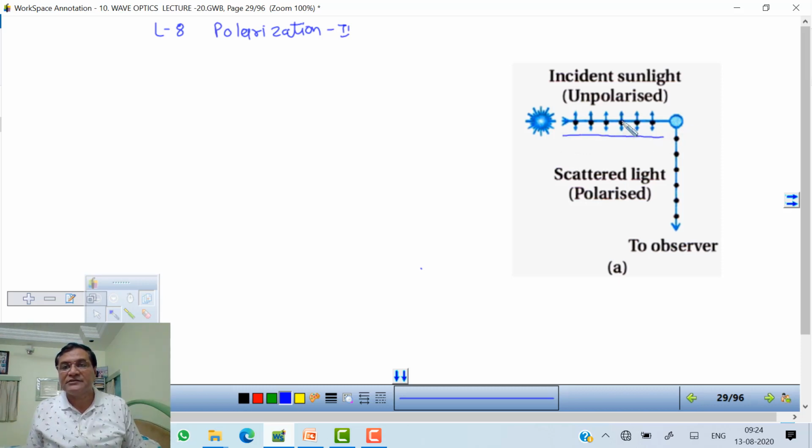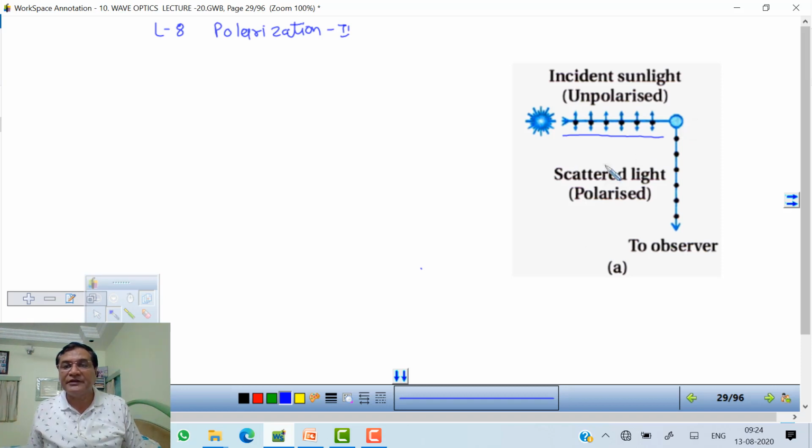When light enters the atmosphere, there are so many atmospheric particles. When this light falls on them, it interacts with the particle and scattering occurs.